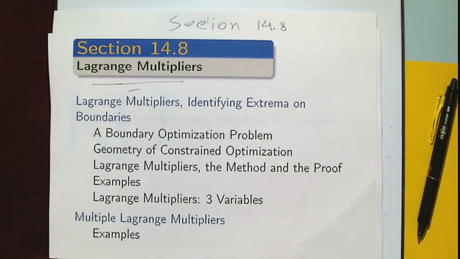That function is the last function we optimized in 14.7. That was the constraint. The last example in 14.7, that was the constraint. Can you guys tell me where the constraint is right now in this picture? Just a black circle, right?